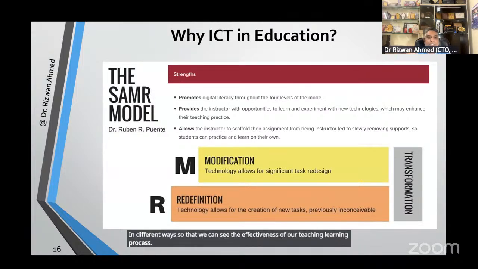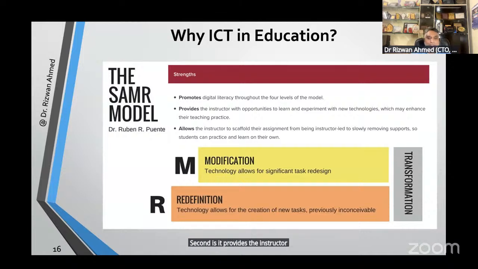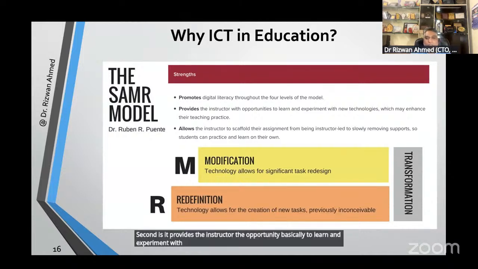Second, it provides the instructor the opportunity to learn and experiment with new technologies. And the goal is how we can enhance our teaching learning process, make it easier for the students, and make use of the SAMR steps to move from enhancement to transformative learning.